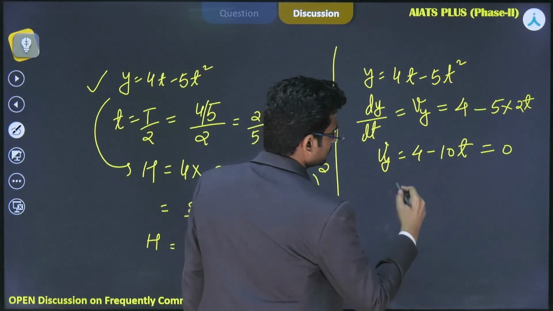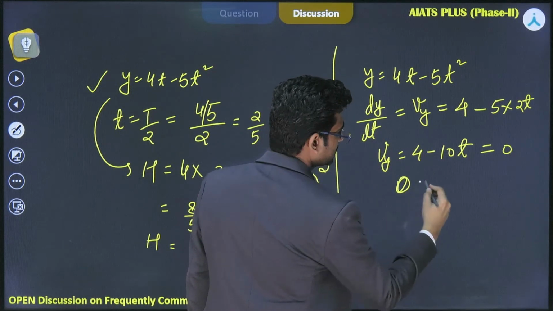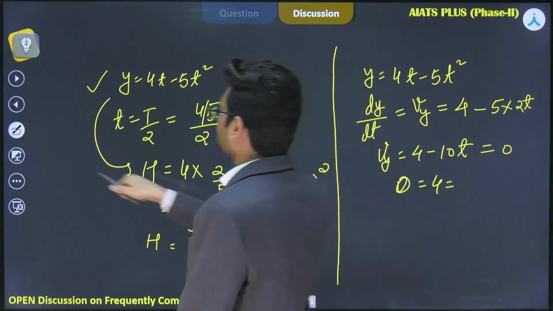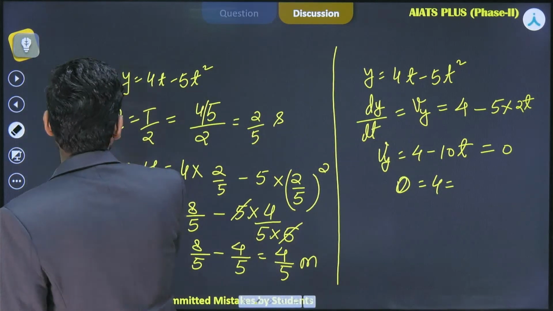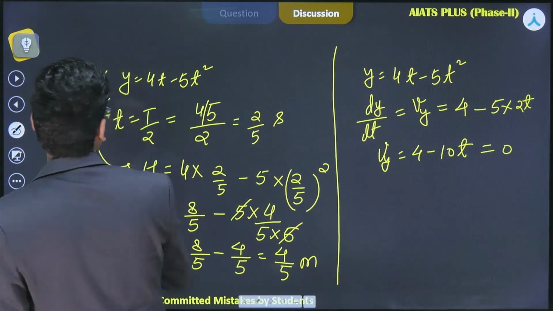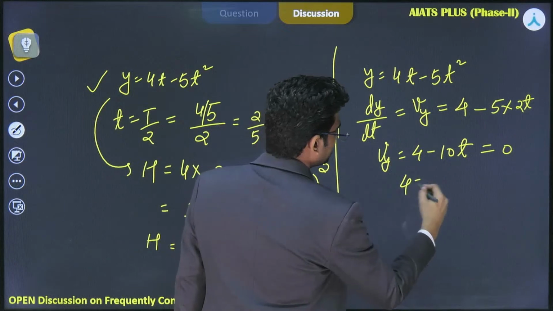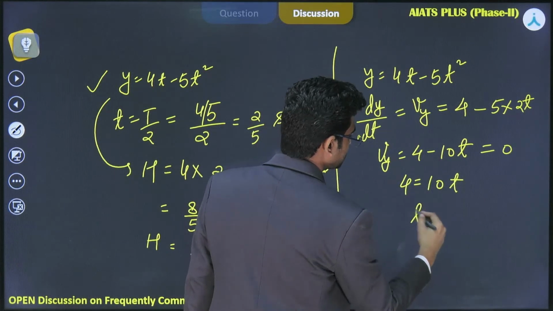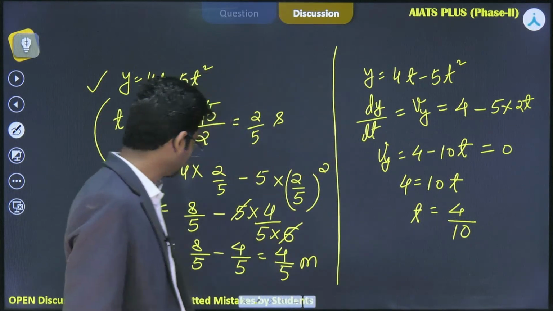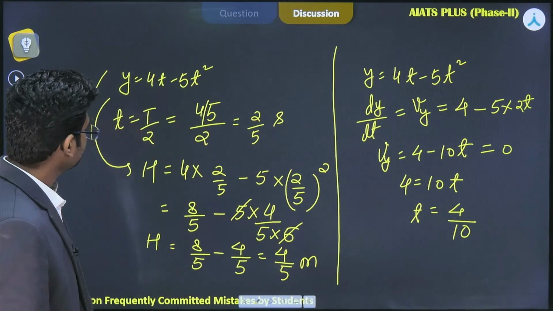So 0 equal to 4 minus 10t, or 4 equal to 10t, t is equal to 4 by 10. This is the time.